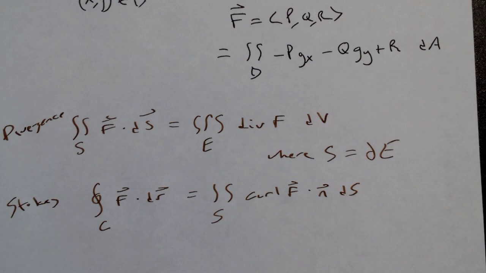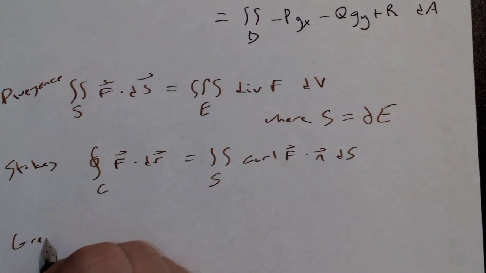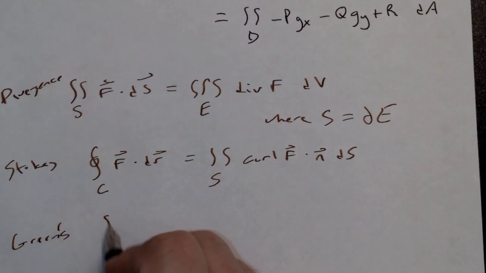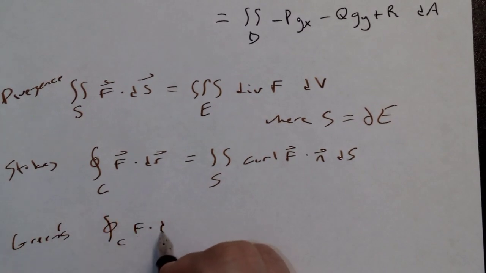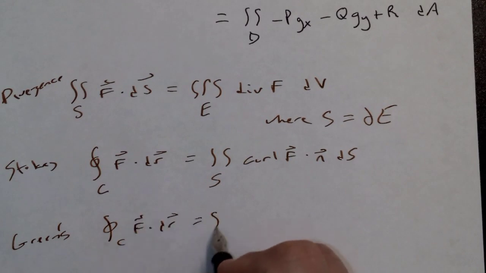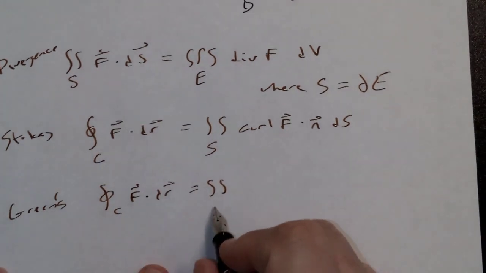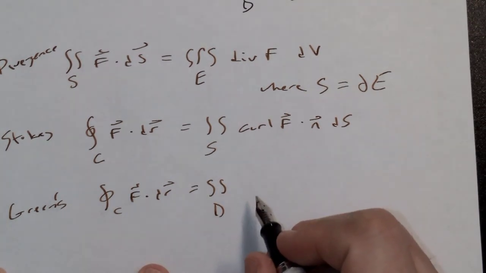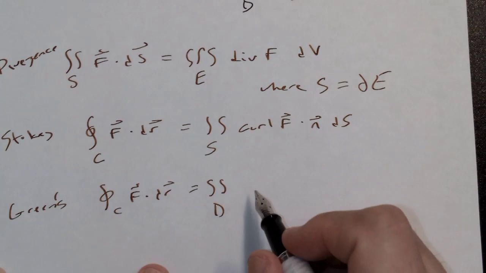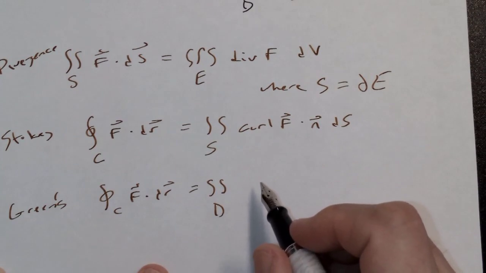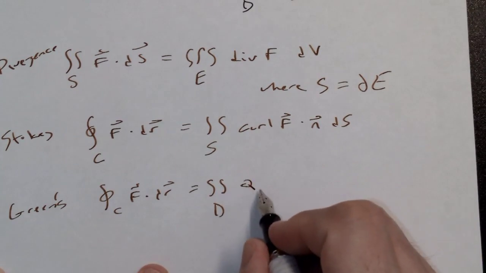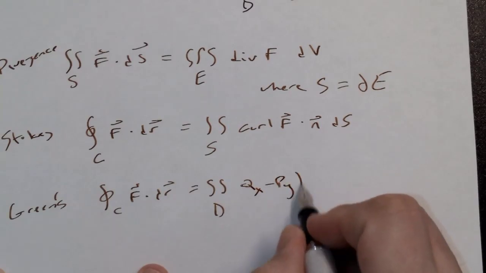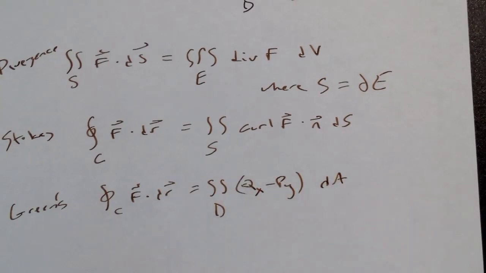So it's a different thing that we're measuring to go around the edge. And Green's theorem is the part of the curl that's in just k. So that's Q_x minus P_y dA.